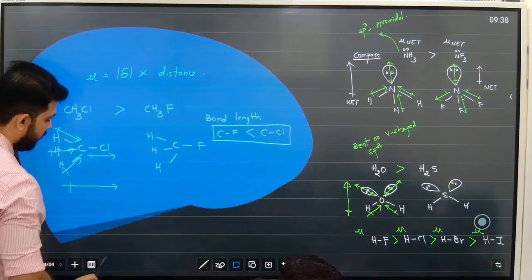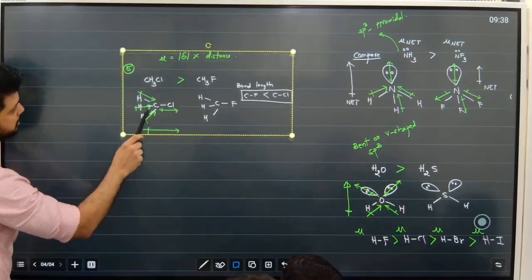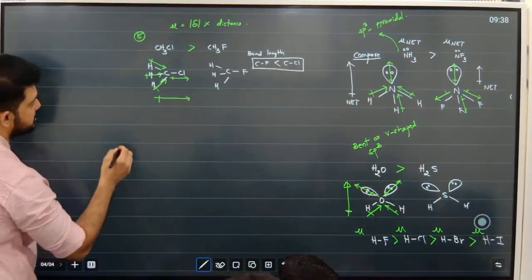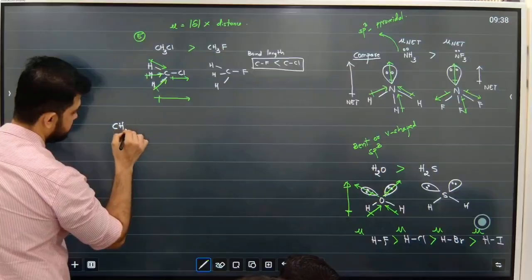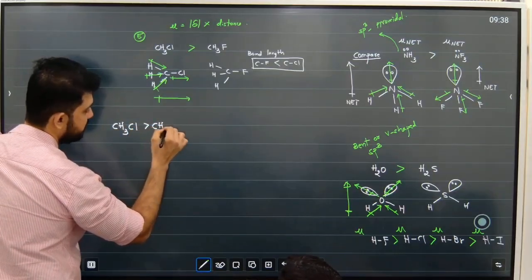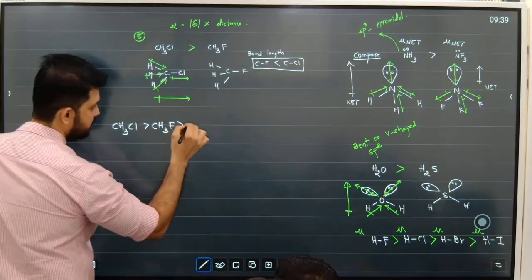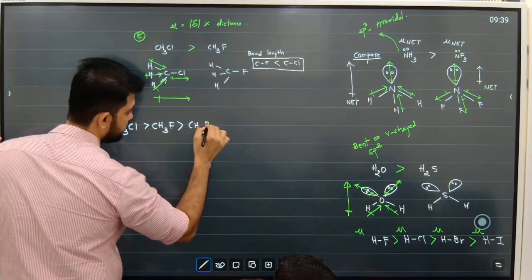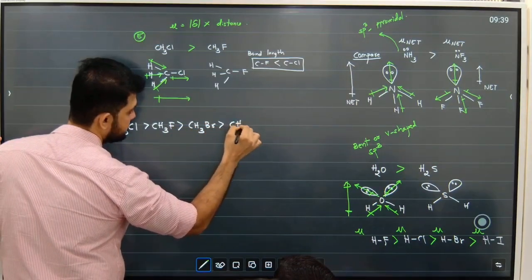So if we want to write this for all the halogens, the trend would look something like this: CH₃Cl, then CH₃F, then CH₃Br, and then CH₃I.